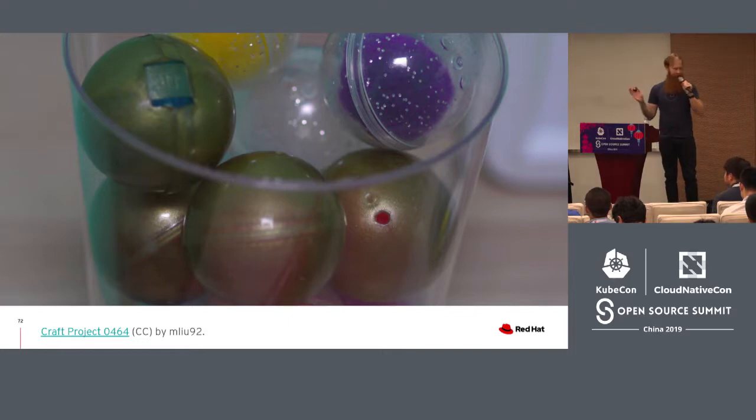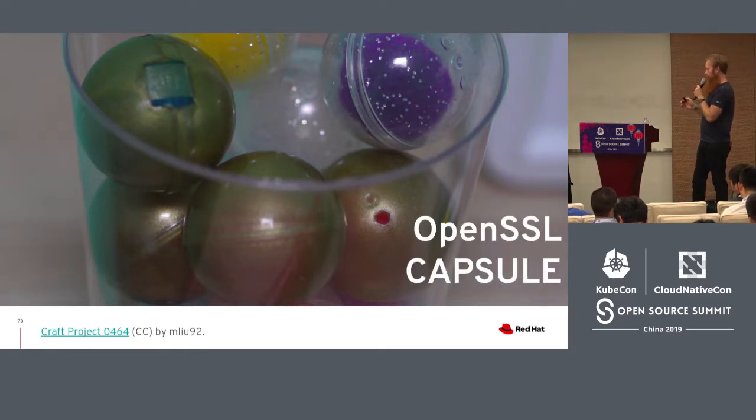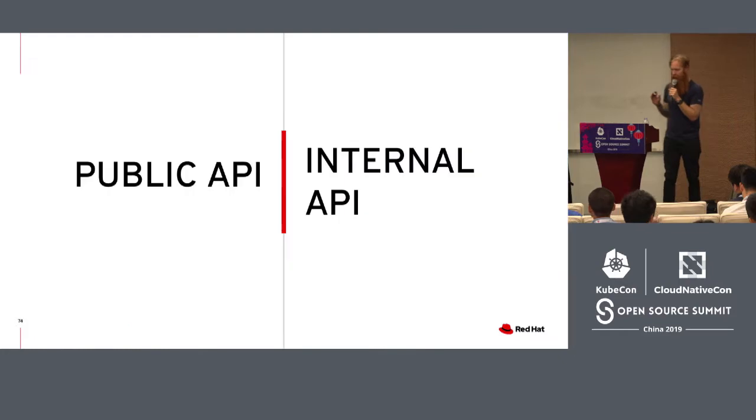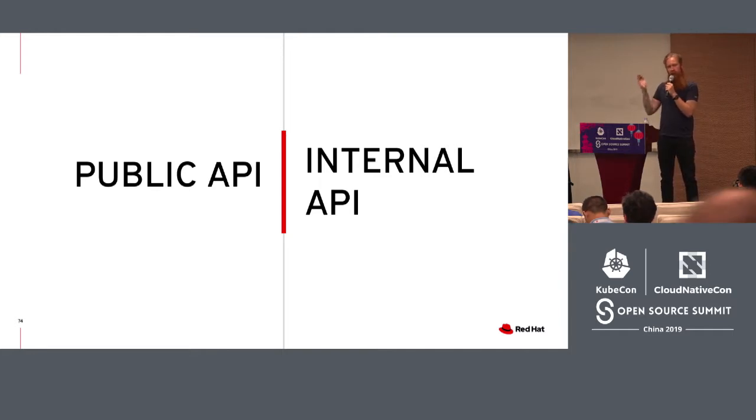At Red Hat, we have an answer to this that enables us to work around it a little bit. It's called the OpenSSL capsule. It's a special way of running OpenSSL which allows us to simplify this. It separates OpenSSL into two halves. When OpenSSL is running in capsule mode, we express OpenSSL as multiple discrete components.